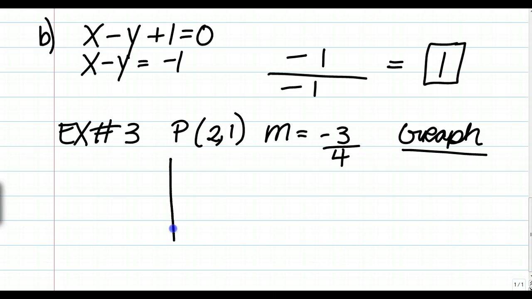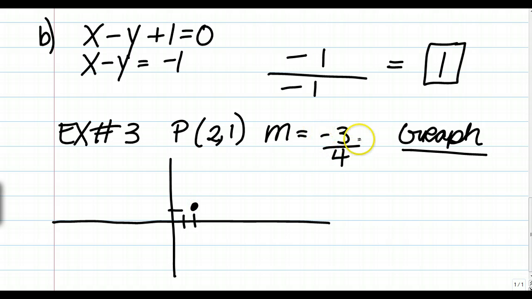So if I asked you to graph this, and I gave you a point, you would start with that point, which is 2, 1, and you plot that point. And then you remember I gave you that rise over run equation at the top of your paper. This is the rise, and this is the run. Fit it in here. Rise over run.